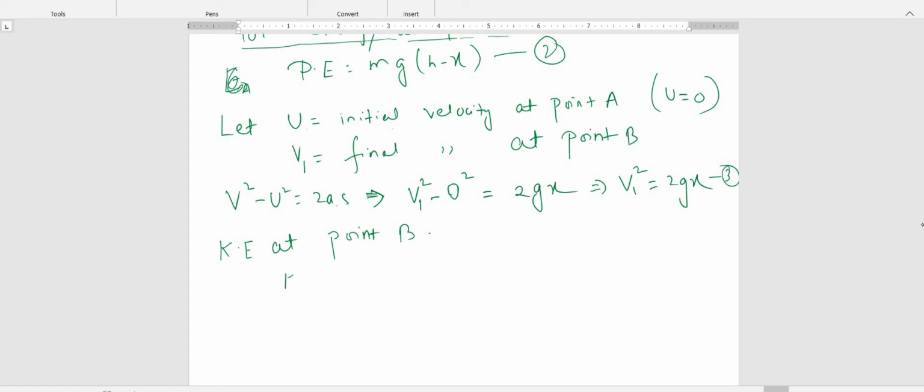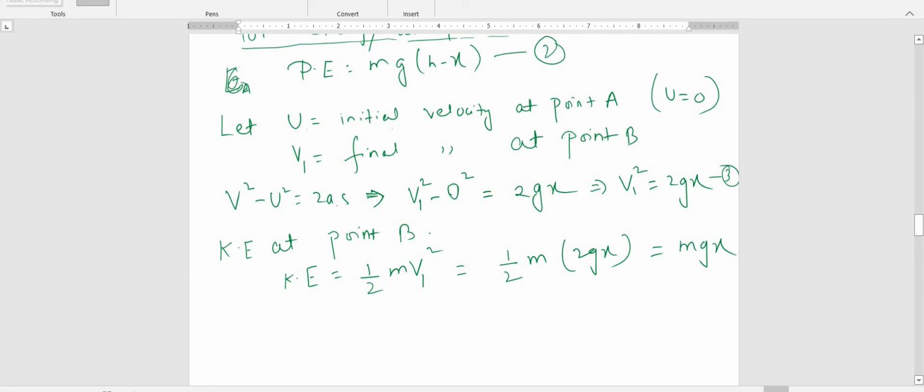Kinetic energy is equal to half m v1 square, isn't it? That is half m into 2gx. So it will be m into g into x. Okay, mgx is the kinetic energy.